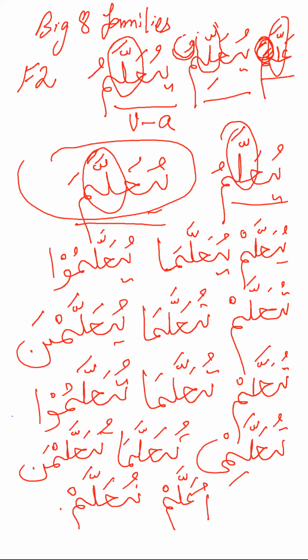The Allama family: what is the marker of the Allama family? How do you find out that the word is Allama? The shadda, the tashdid, on the second letter, the ain kalma.